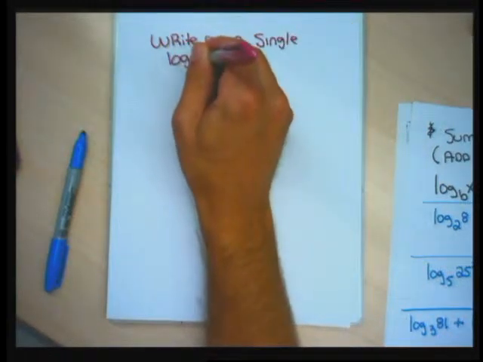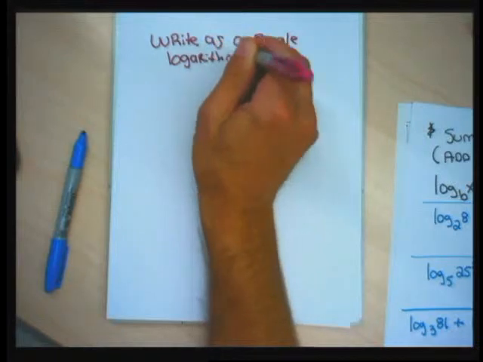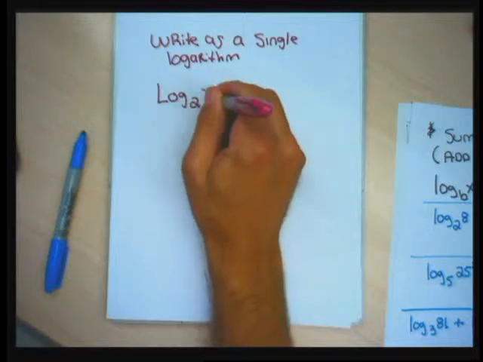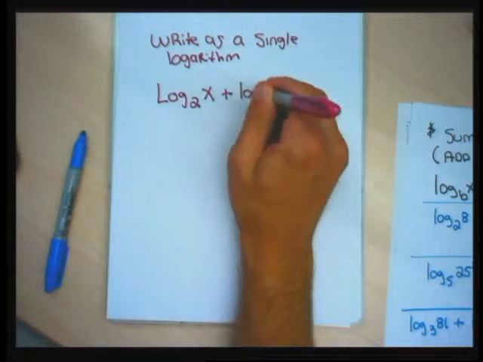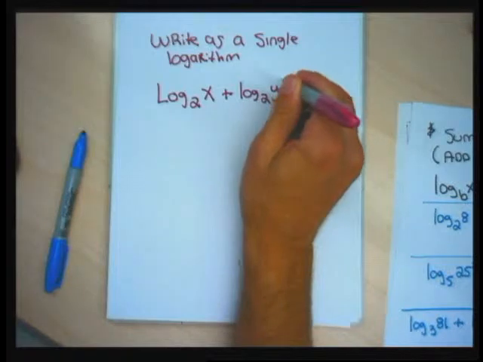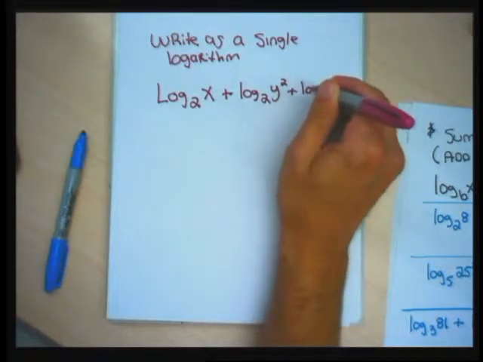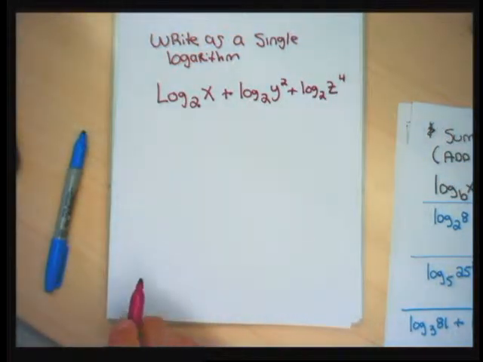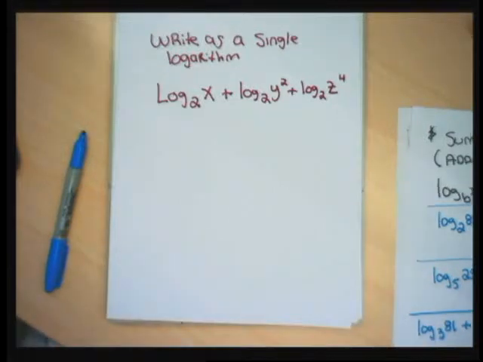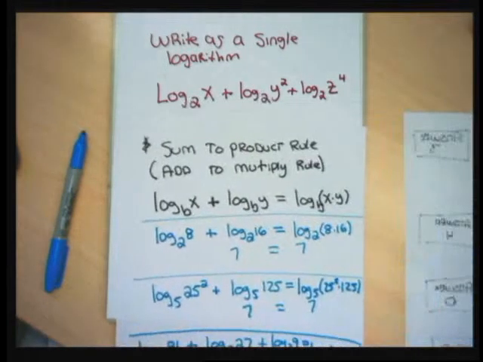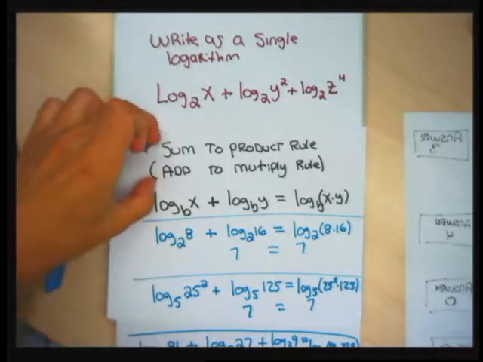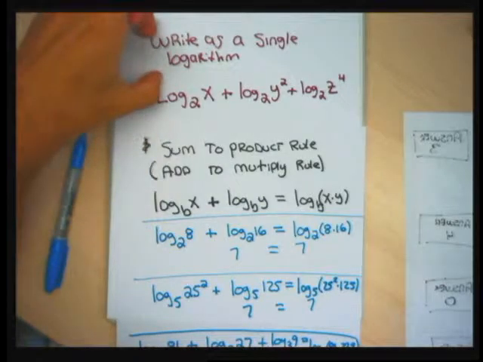And unfortunately, when we get into the text, the problems won't have numbers that I can check on my calculator. So this might be a problem in the packet that we'll need this rule for. The instructions that tell me to use the sum to product rule will be write as a single logarithm.